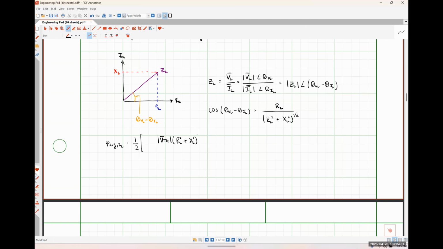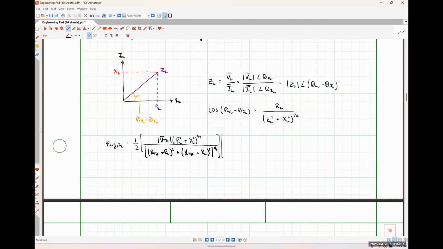Excuse me, both of those should have been squared to the 1/2 power, over RTH plus RL squared plus XTH plus XL squared, all of that to the 1/2 power. So that's my magnitude of my voltage.